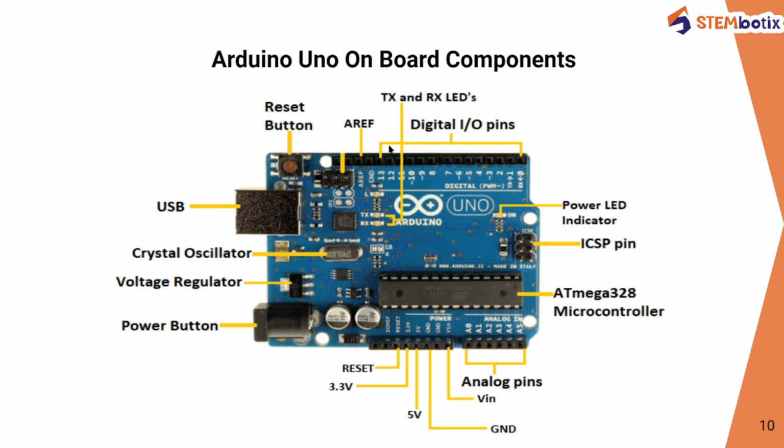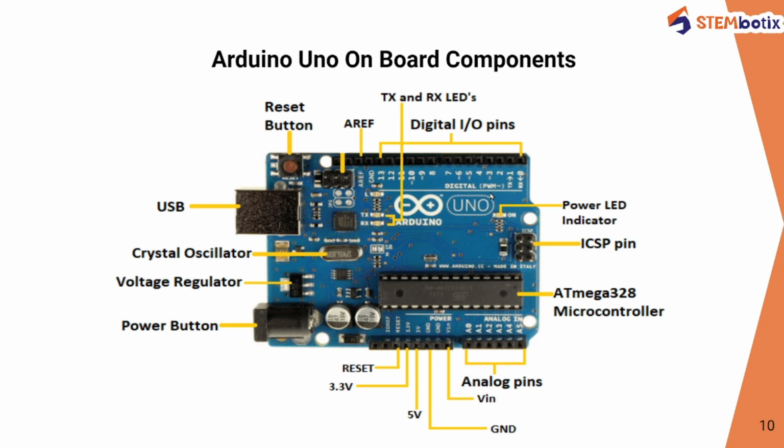After that, we have this digital pins part. The Arduino Uno board has 14 digital input output pins numbering from 0 to 13. Also, we have some PWM pins, as we discussed earlier, which you can identify from here.